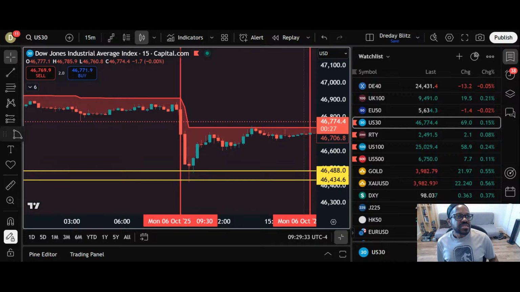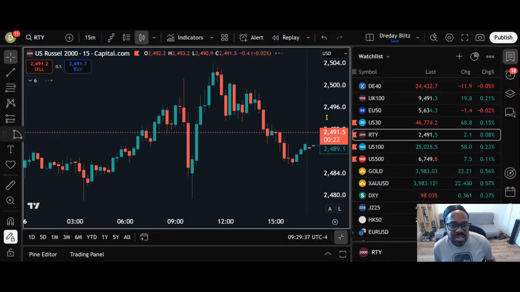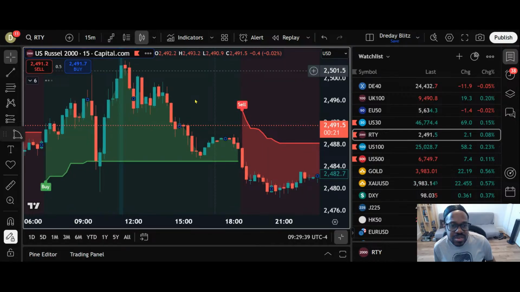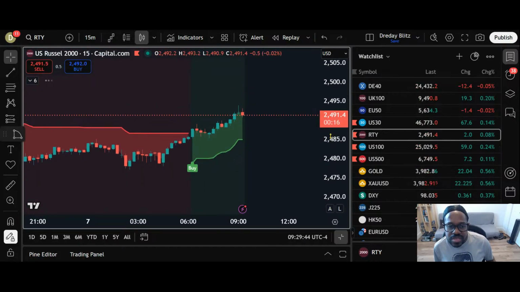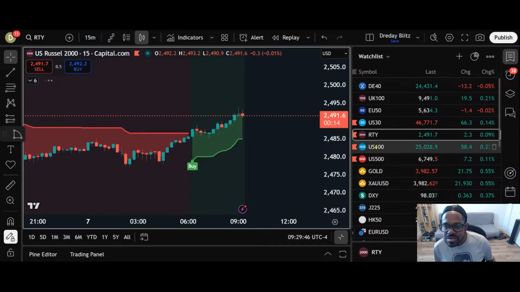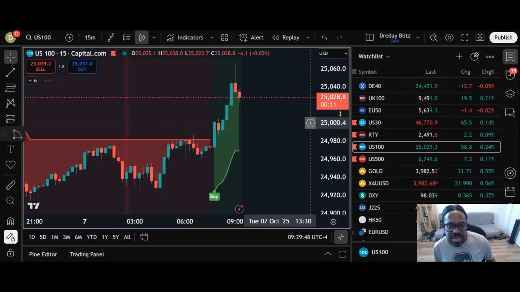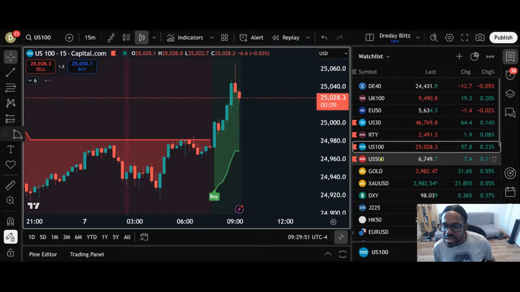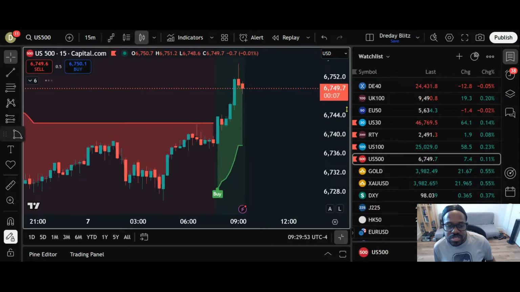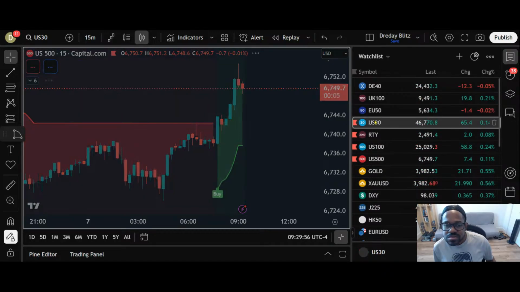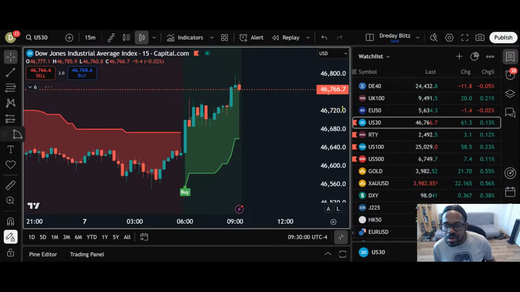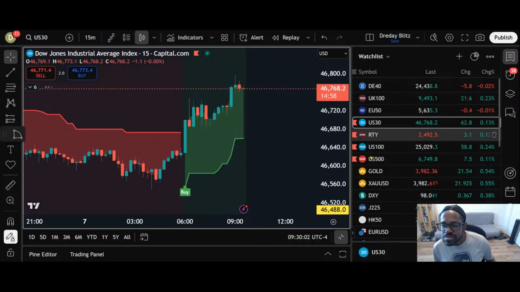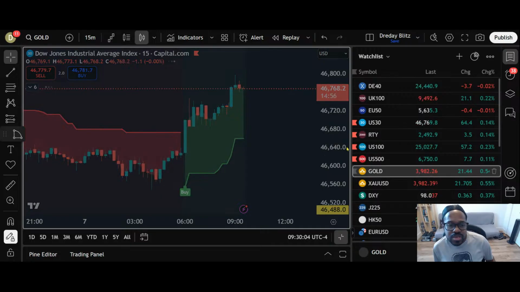So let's go on the charts. I'm just going to look at all of the US indices to see what to expect. Everything is currently bullish here: US30, NASDAQ, and S&P 500. So all are bullish here.